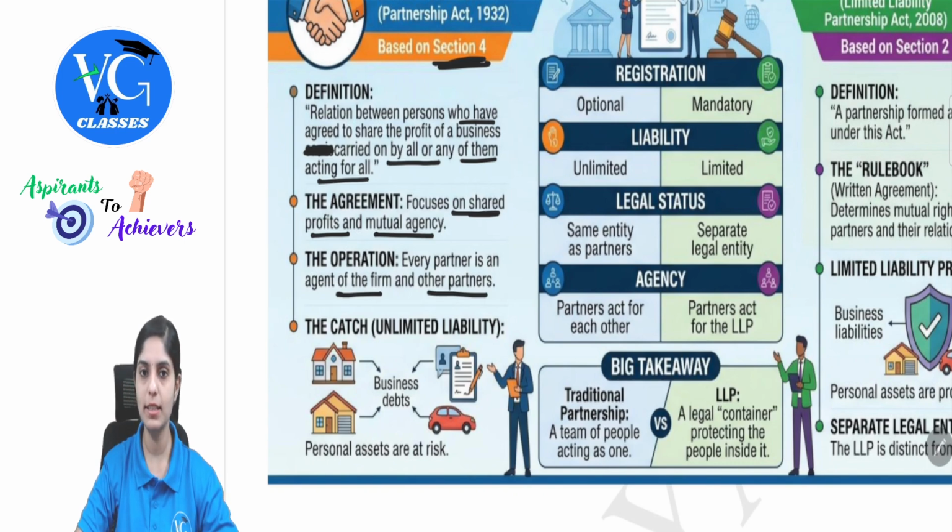It basically means that whatever act is performed by the firm will also be binding on the other partner. So here, when a partner is considered as an agent of the firm, it becomes very important with respect to application of the decision taken on whole basis.